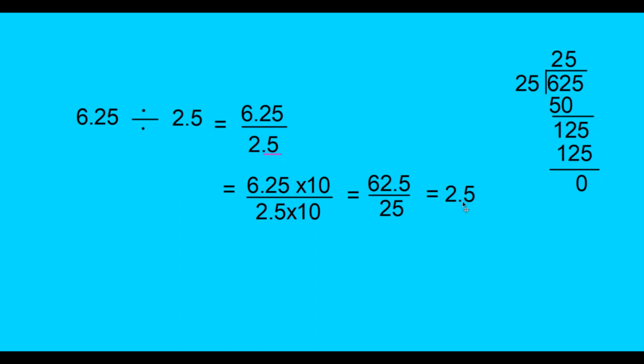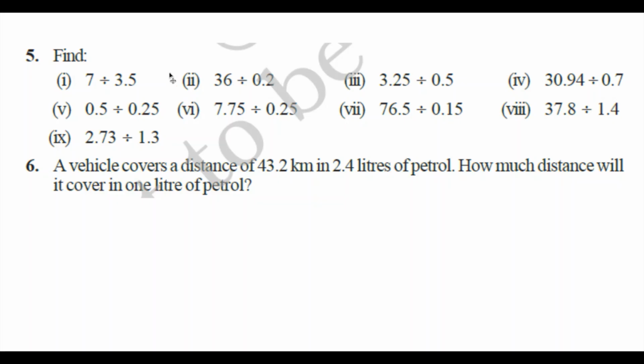So you will get the answer as 2.5. This is how you divide a decimal by a decimal. So first remove the decimal from the denominator and divide. Here you have question number 5. So do it.